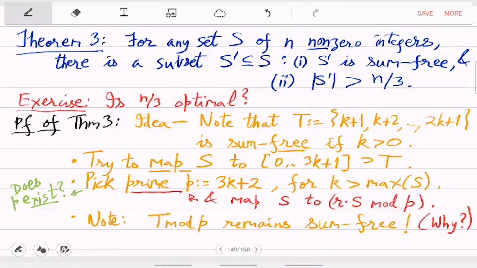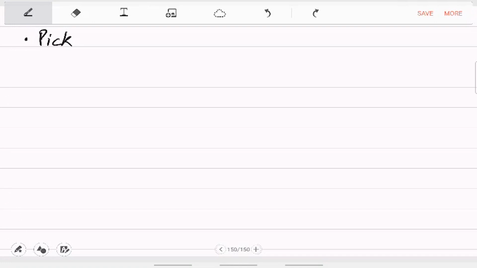So prime numbers P exist, and using such a P, pick P and a random number R in 1 to P minus 1.